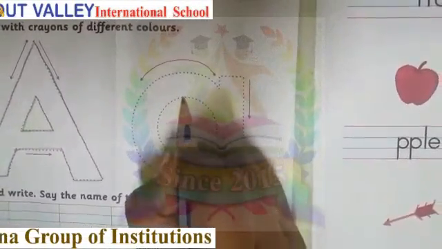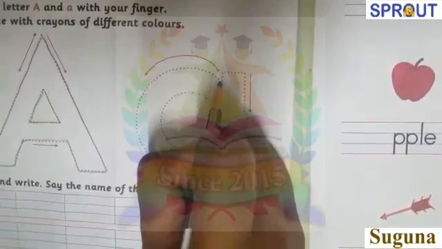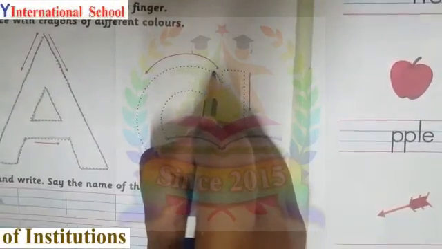Okay. Now small a. The starting stroke of small a starts from here.